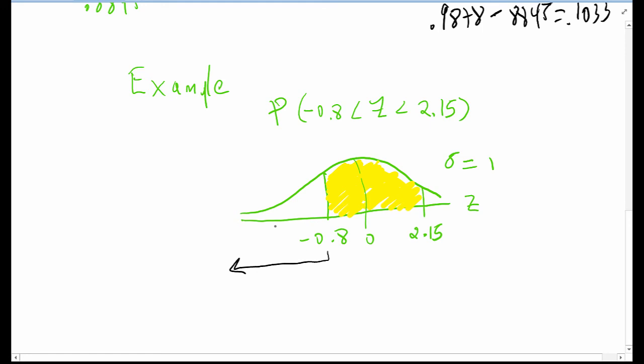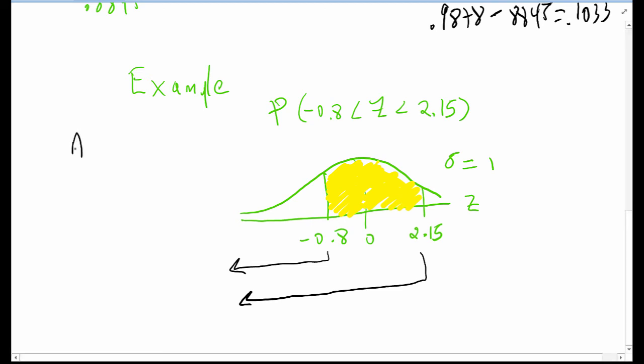If we read the positive table at 2.15, we get the percentage of values below 2.15, which is all this area right there. So in this case we also have to subtract, but we have to read two tables.